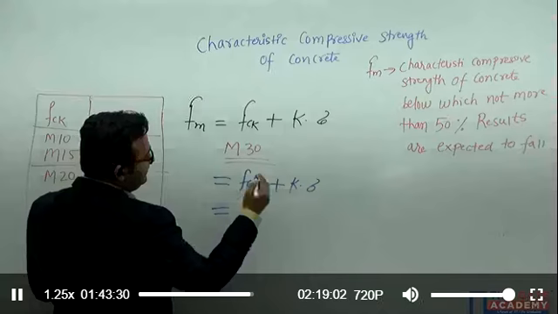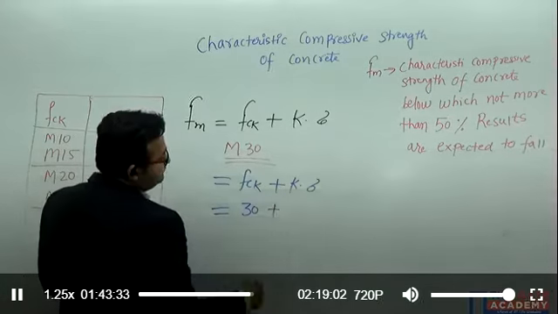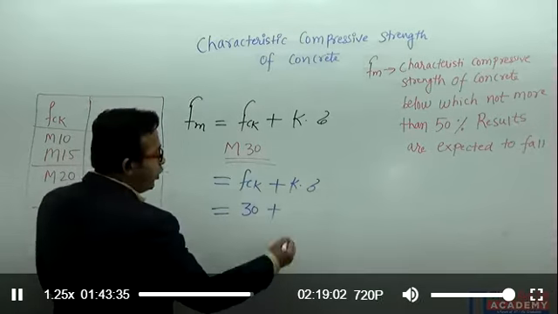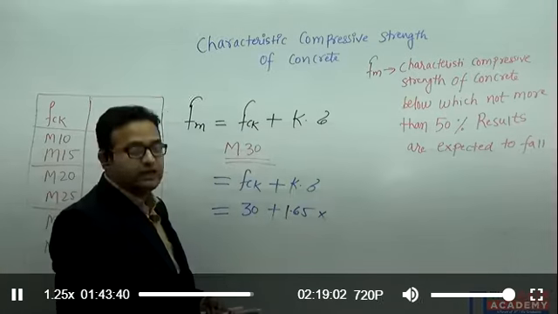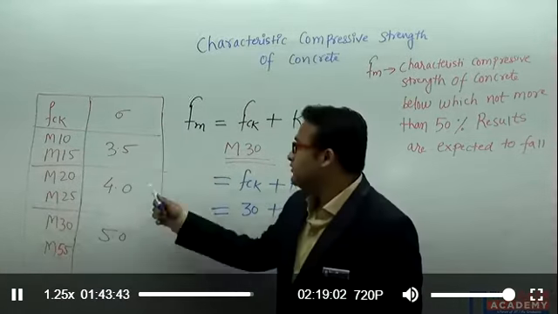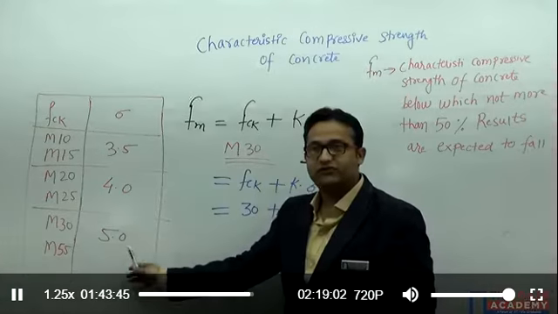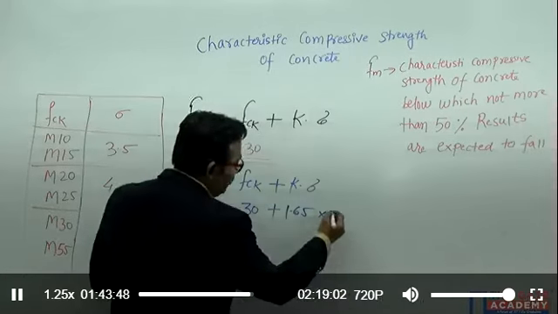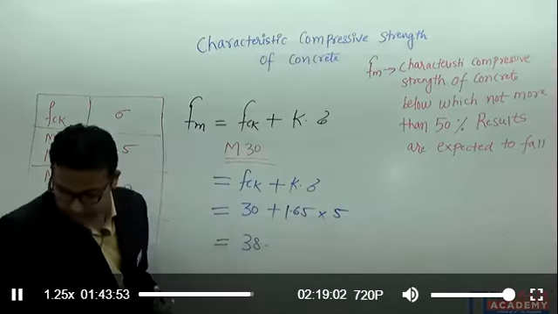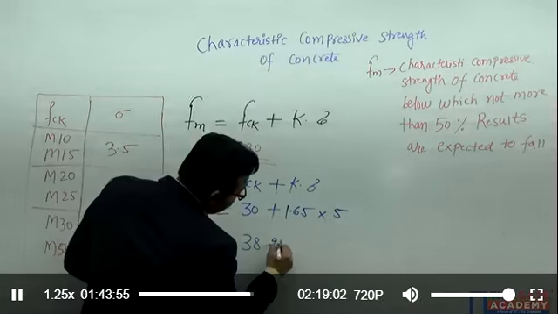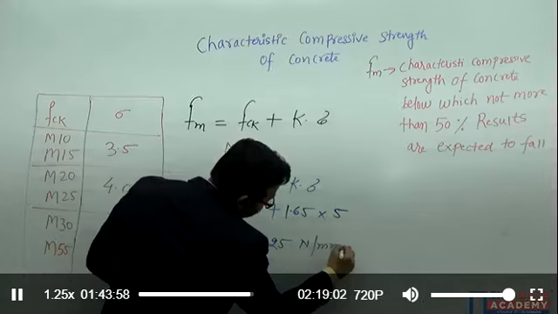The FCK is here 30, plus K, the probability factor, given in the code as 1.65, into the standard deviation. The standard deviation is given here for M30 grade. It is 5. If it is 5, I can put it here and I can calculate the target mean strength equal to 38.25 Newton per mm square.